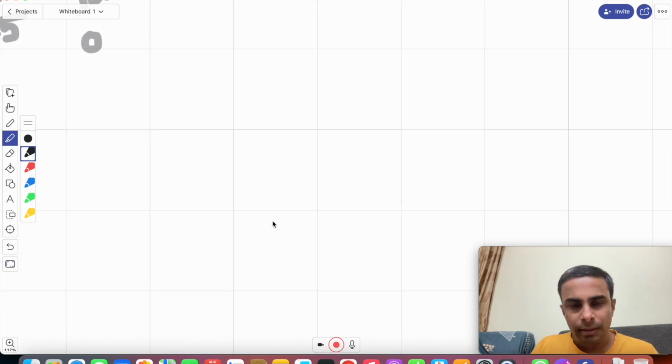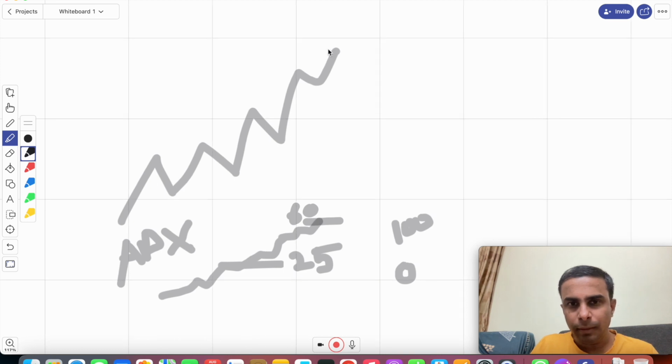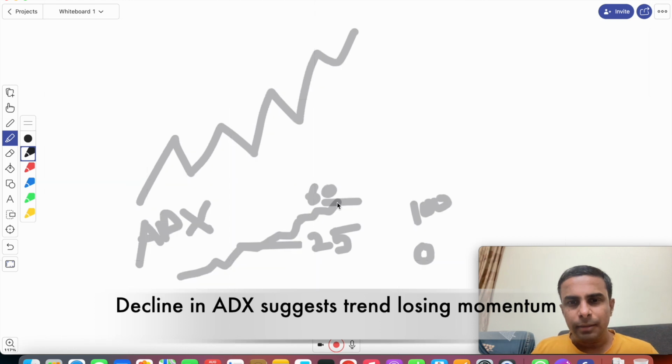So for instance, let's say this was a 60 zone of ADX and the price has made a higher high and higher low combination, and when the ADX starts going down, the price also starts going down.